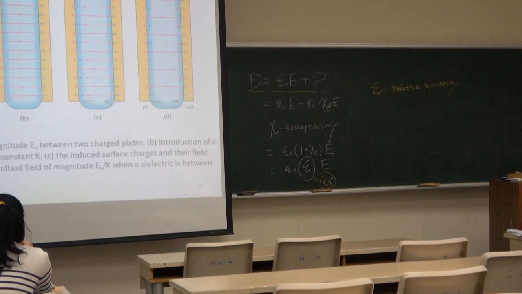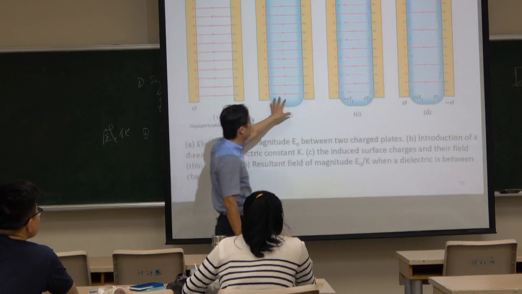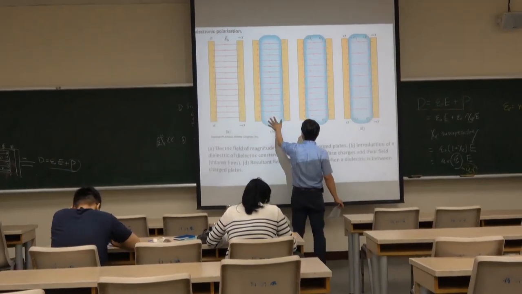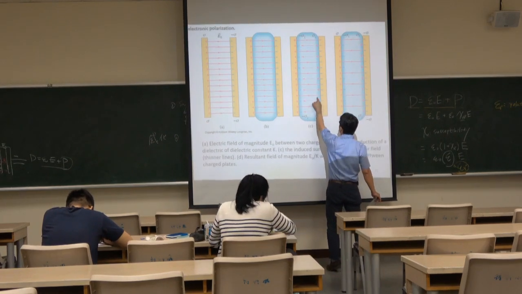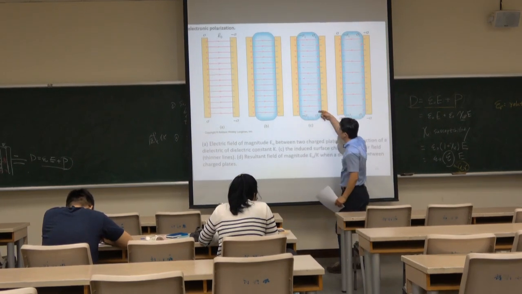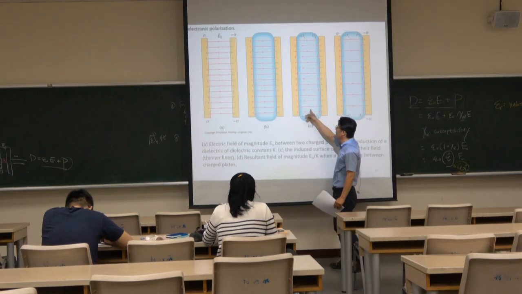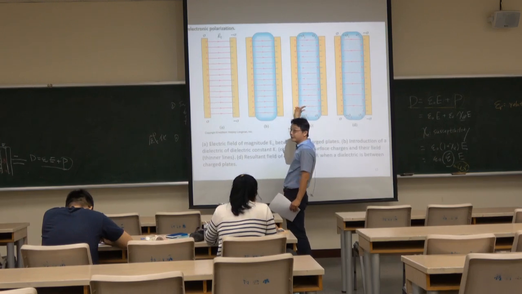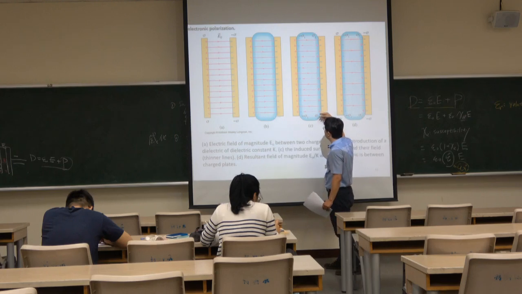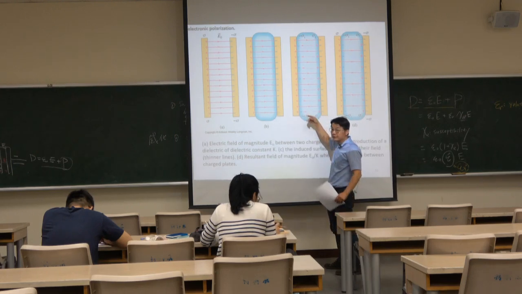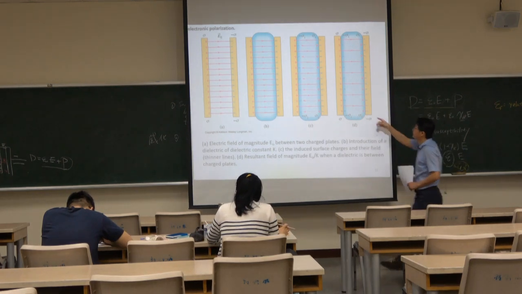Epsilon E0 is the intrinsic electrical field. If you place the dielectric material here, you will induce the polarization. This polarization also has an internal electrical field, which is opposite to the external electrical field. So the external electrical field will be subtracted by the internal electrical field, and therefore the overall field becomes this.